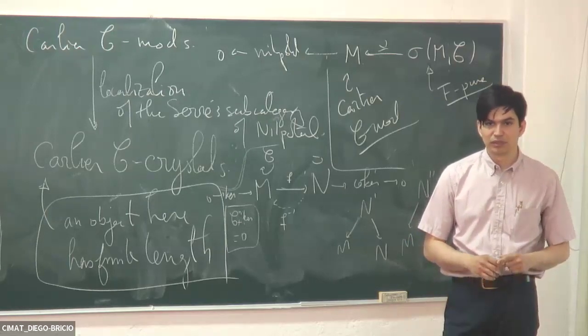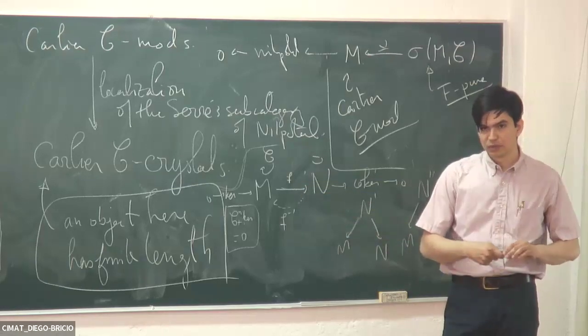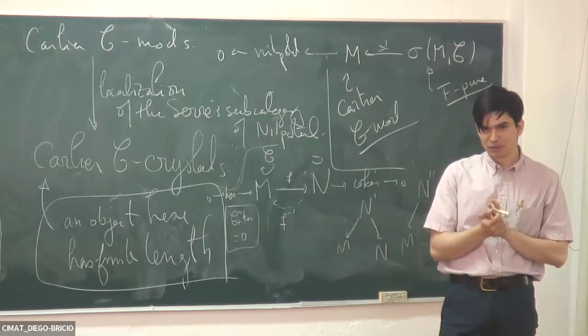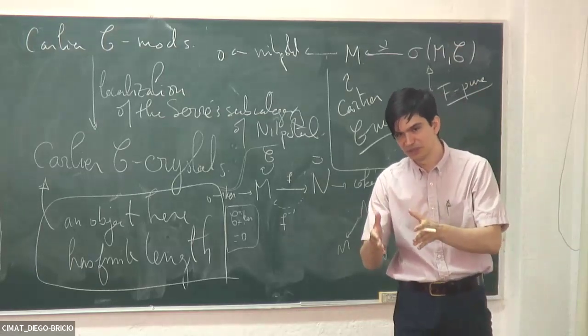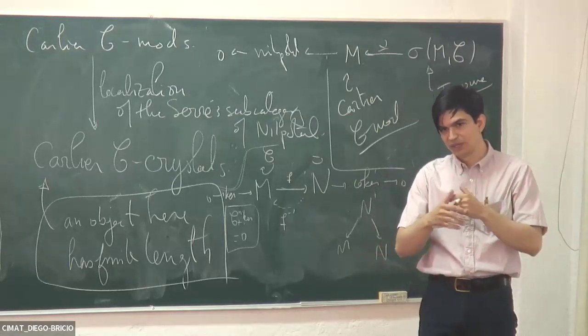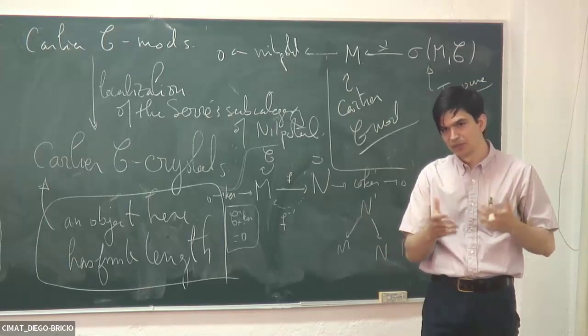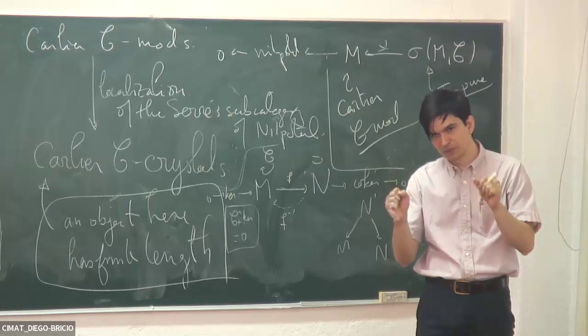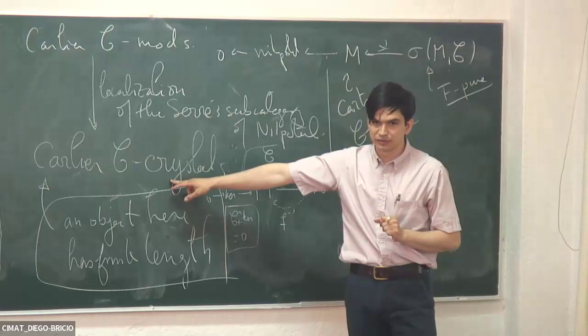For example, the Riemann-Hilbert correspondence works with crystals. I think you may have known about the Riemann-Hilbert correspondence in characteristic zero between D-modules and certain constructible sheaves, but there is this correspondence in positive characteristic which works with crystals.